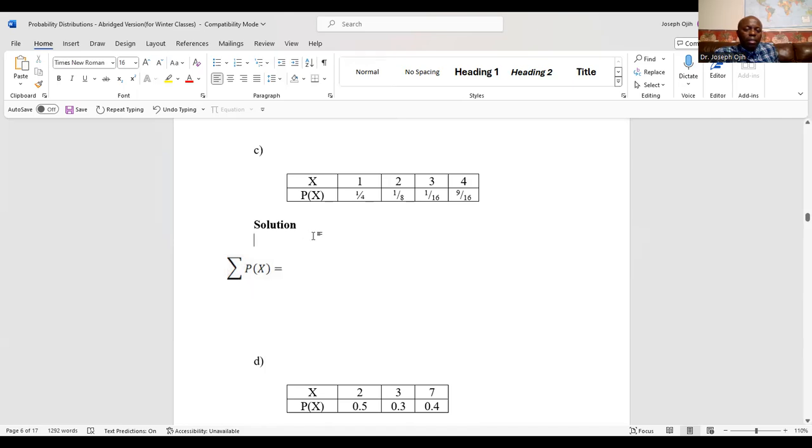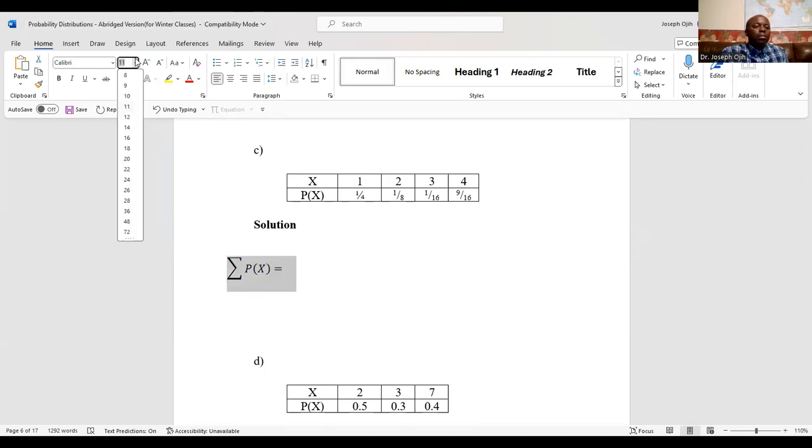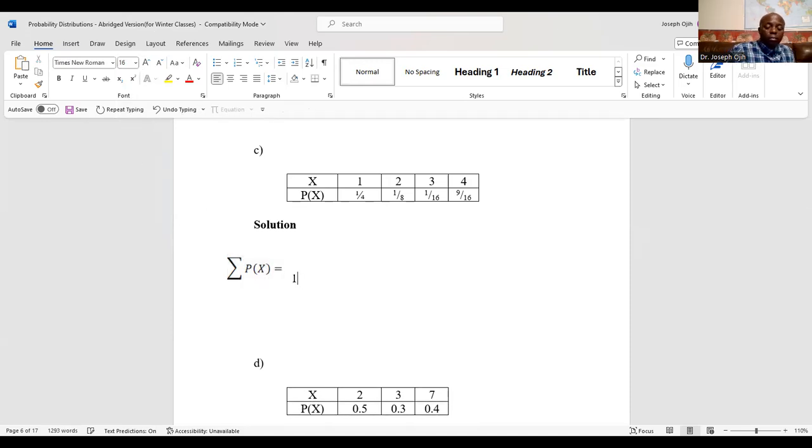Add all the probabilities, all the required probabilities. So this time, the sum of the probabilities includes 1 over 4, plus 1 over 8, plus 1 over 16, plus 9 over 16.